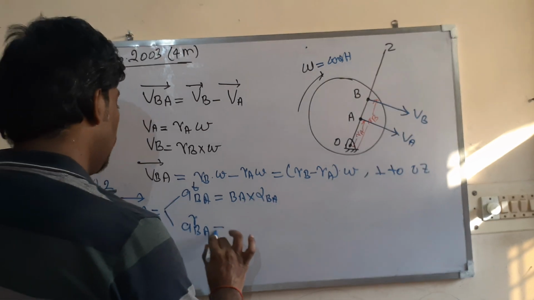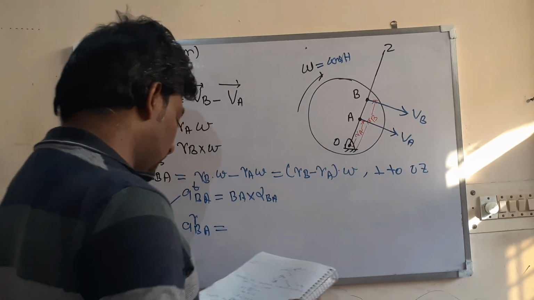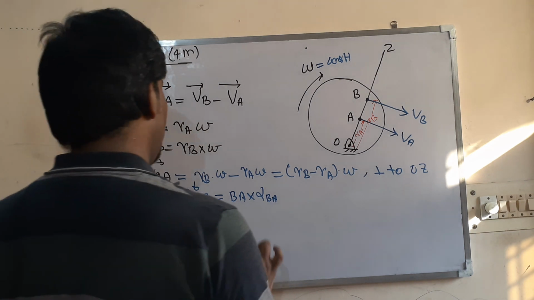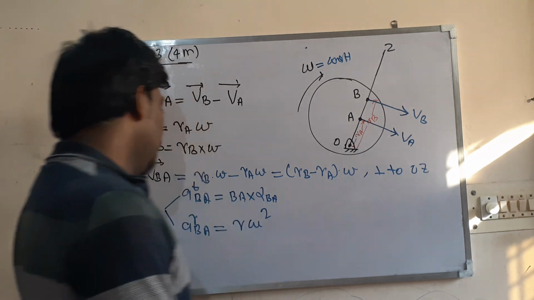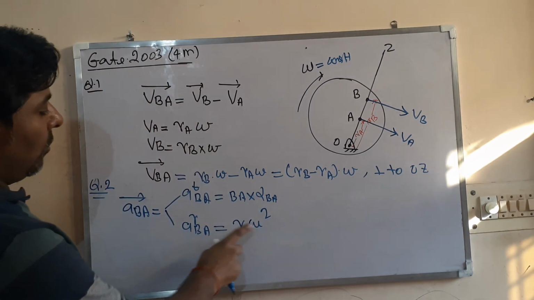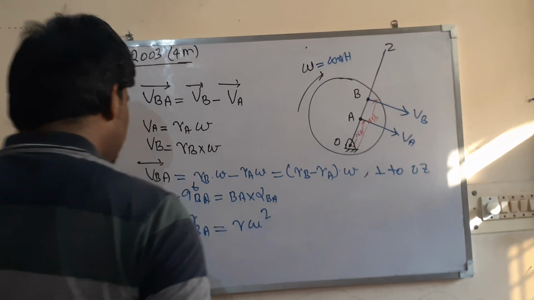What will be the radial acceleration of B with respect to A? It is equal to what? R omega square.